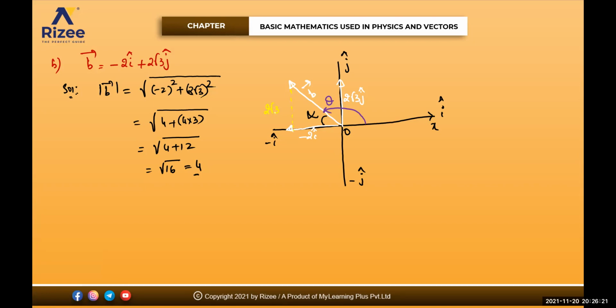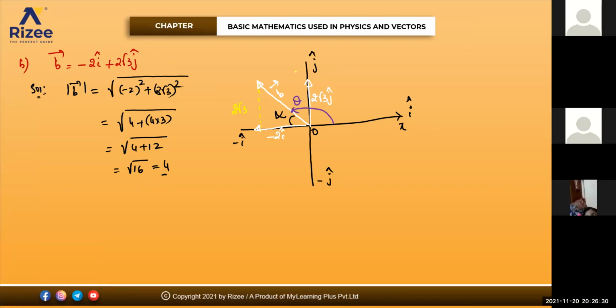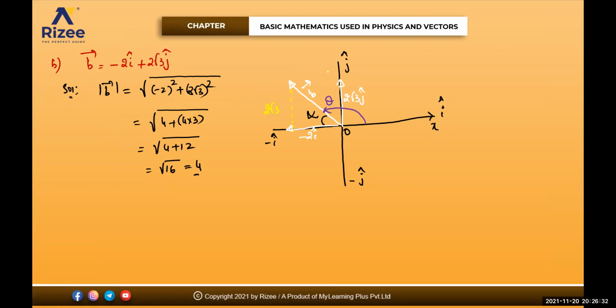Please mute yourself, beta. Theta is 60 degrees? No, because it is greater than 90. See theta, if you are able to see it, it is greater than 90 degrees.